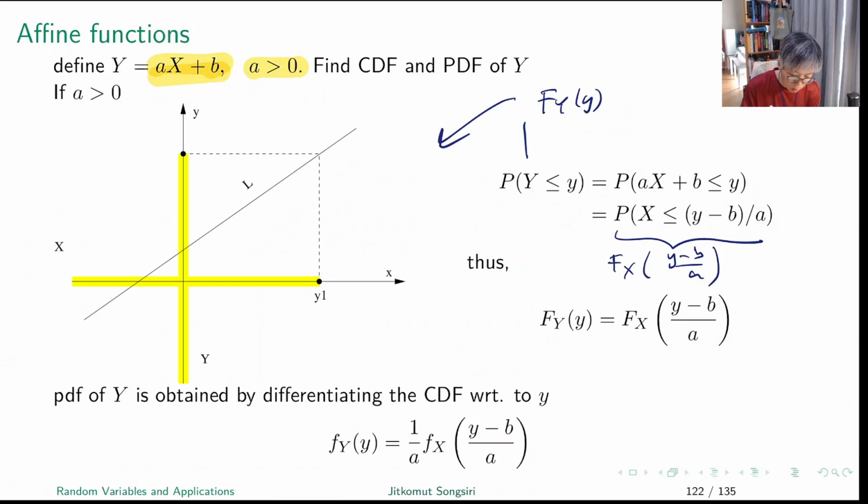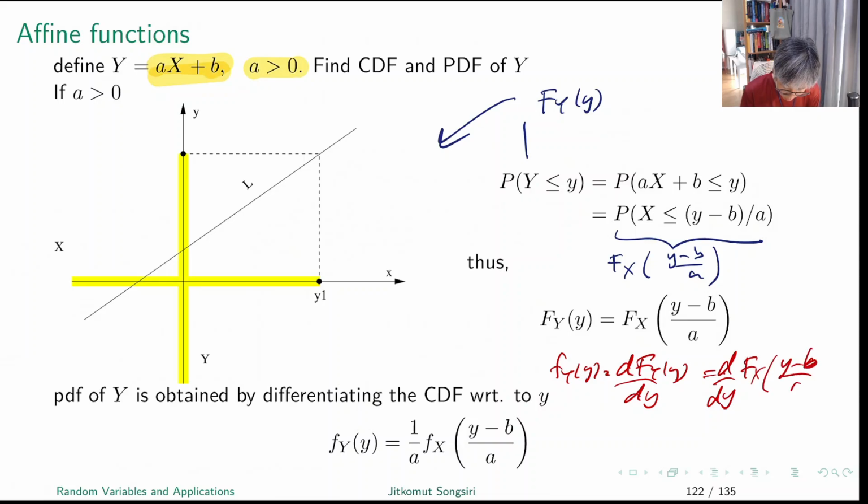Now you see that you're going to apply the chain rule. dF_Y/dy is going to be f_X prime. Let me just say it explicitly. You're going to take the derivative of F_X at (y minus b) over a, times the chain rule.